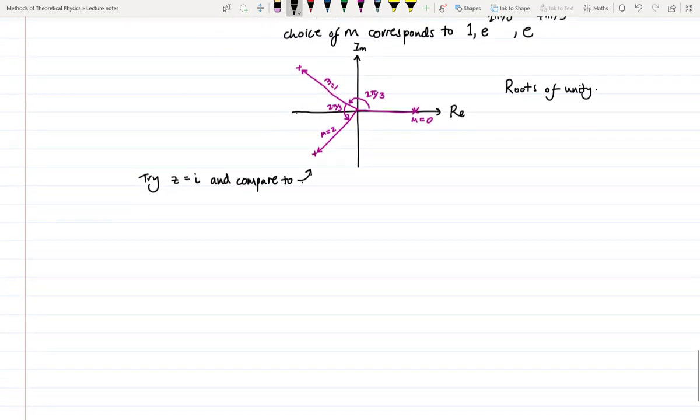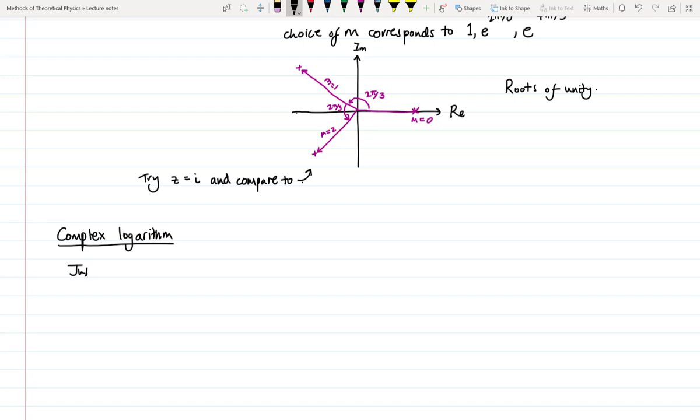The last thing I'm going to mention in this part is the complex logarithm. And I said earlier that we would revisit it. I'm just going to mention it briefly here, but we're going to look at it a lot more in topic 4 of the course.